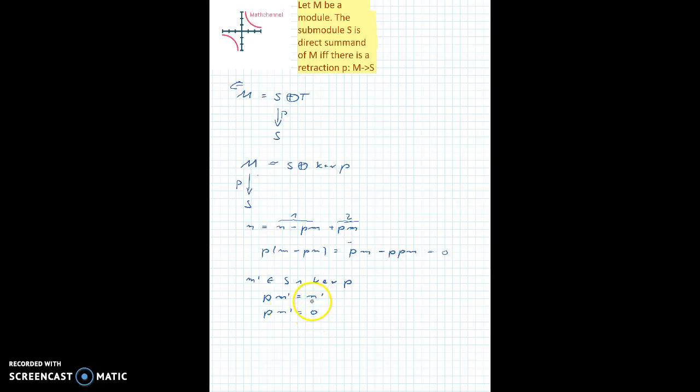And combining these two equations, we get that m bar is equal to 0.